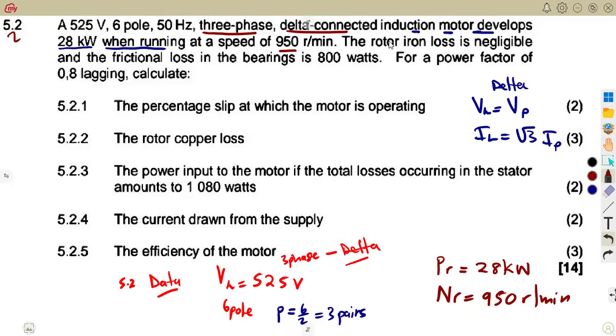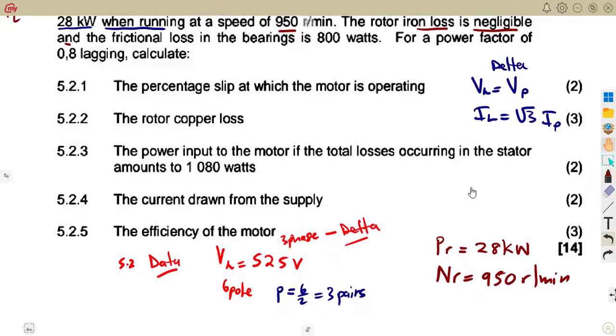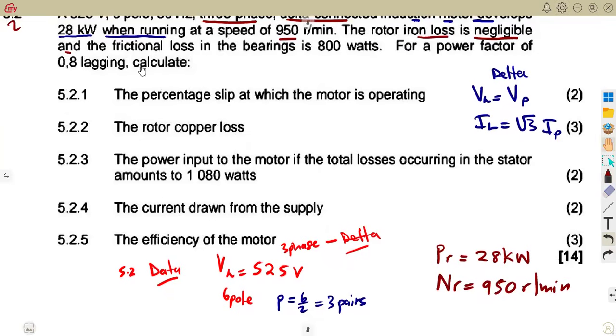Then we are given that the rotor iron loss is negligible, meaning to say we cannot consider the rotor iron losses. The friction loss in the bearings is considered, so you neglect the iron loss, then the friction loss is 800 watts.